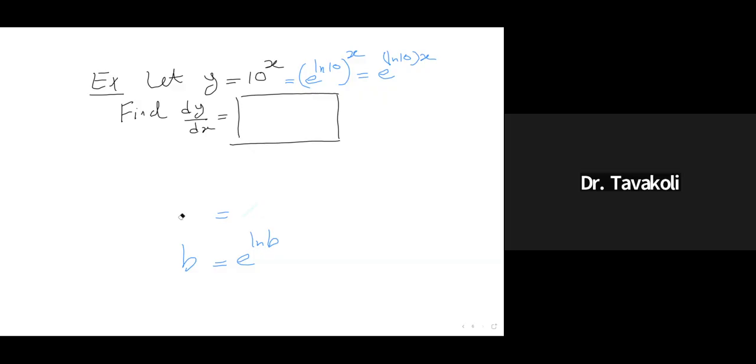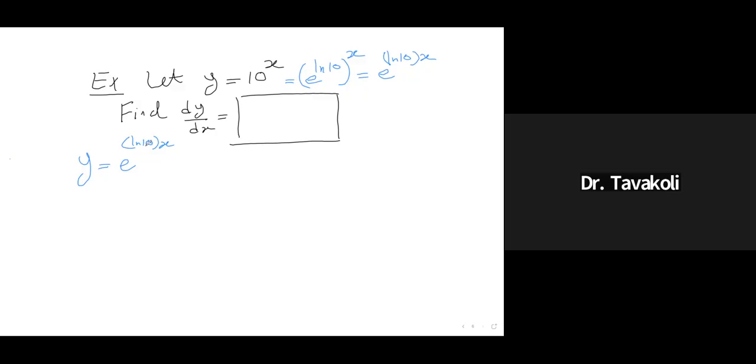But that part was just based on pre-calculus. So this function y, which was 10 to the power of x, is the same as e to the power of ln of 10 times x. That ln of 10 is like a constant. The good thing about rewriting the function in the base e is we can use the derivative formula for the exponential function when the base was e.